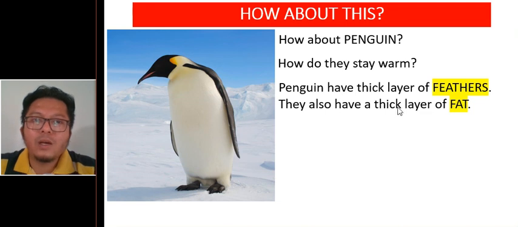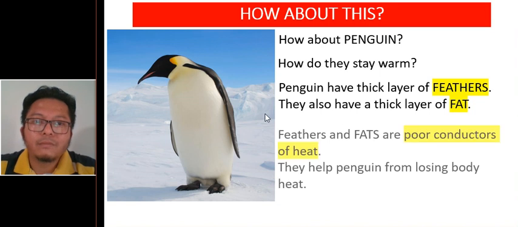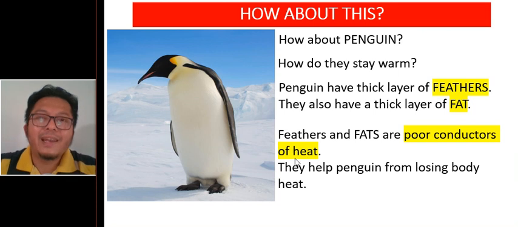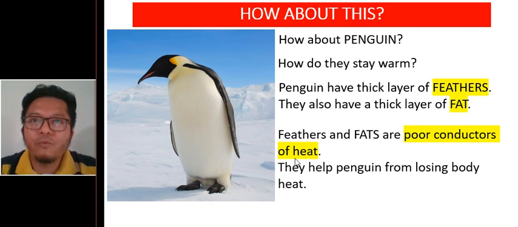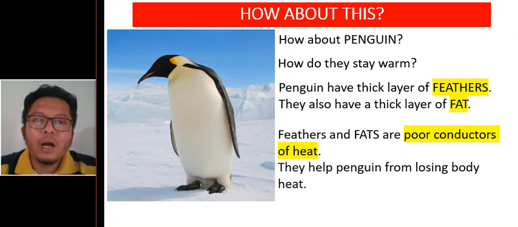They also have a thick layer of fat on their body below the feathers. Feathers and fat are poor conductors of heat. Like the polar bear has fat and fur, the penguin's fat and feathers are poor conductors of heat. They help the penguin from losing body heat. So there is little heat loss. They can stay warm because heat cannot move out from the body.